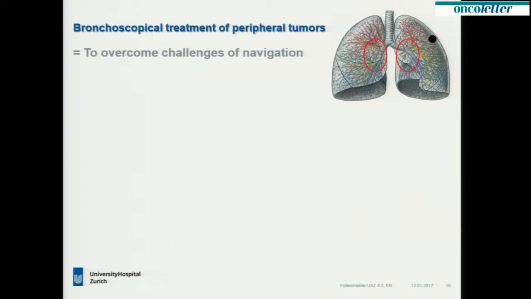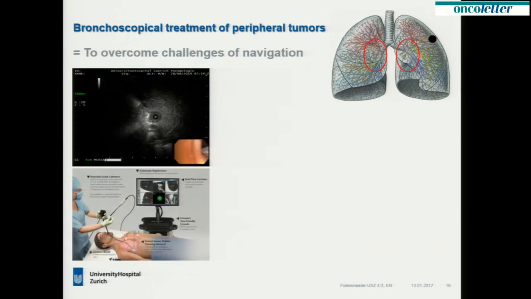Another interesting possibility is the treatment of peripheral tumors by bronchoscopy. However, that means, like I said in the morning, that means to overcome challenges of navigation. We have these two possibilities of the radial EBUS or of the electromagnetic navigation bronchoscopy.